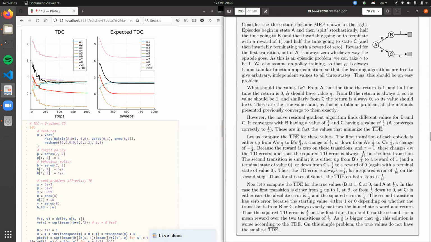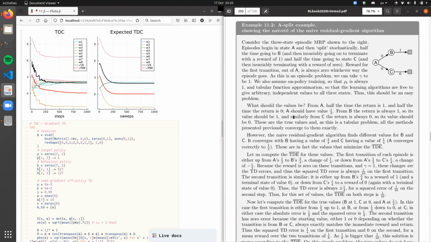In this example, they show that B will have 3/4 and C will have 1/4 value, and A will be correct, 1/2, but the other 2 values would be wrong.